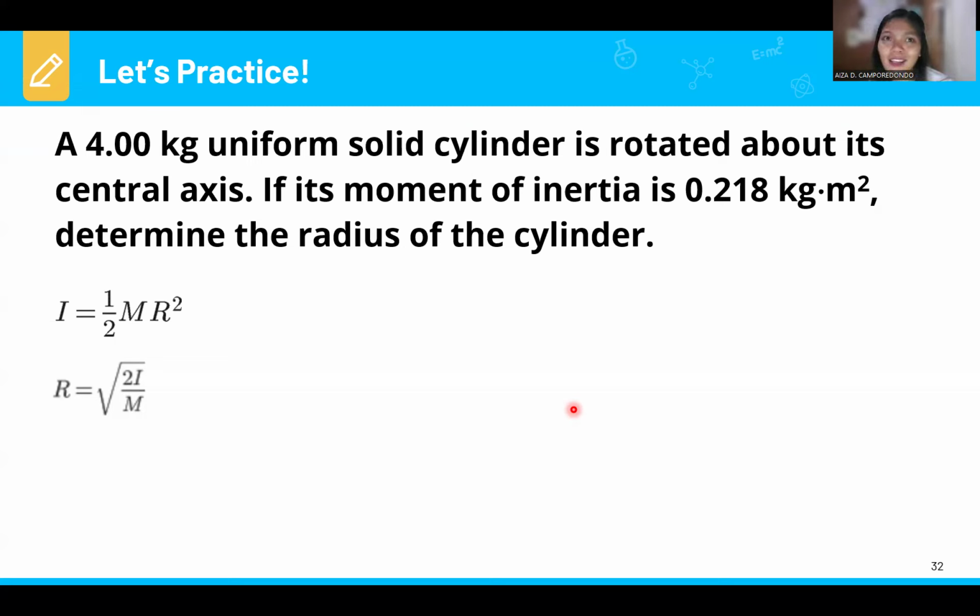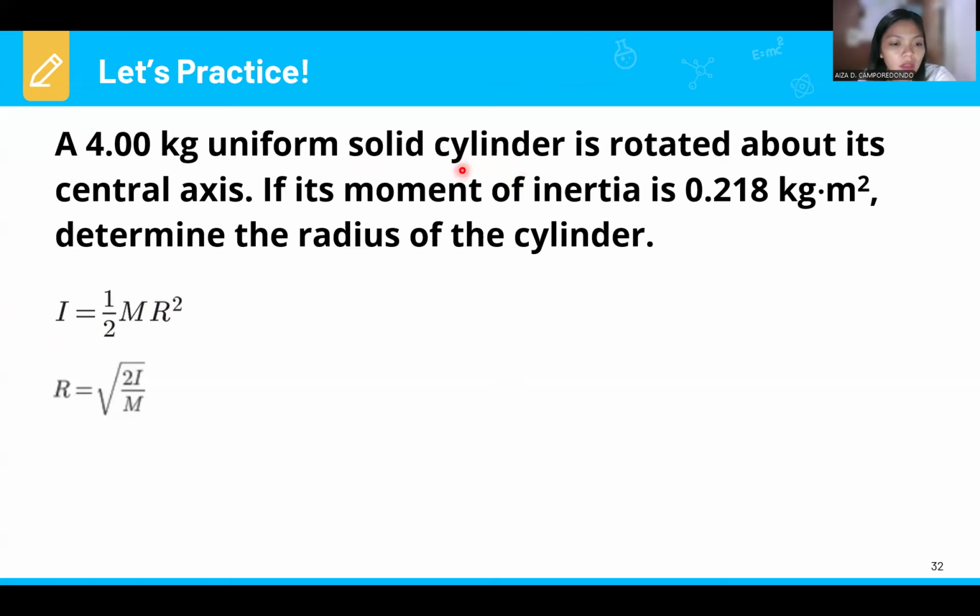We are not searching for the moment of inertia here, but instead we need to find the radius of the cylinder. So in this case, we're going to use the moment of inertia is equal to 1/2 mass multiplied by radius squared, since this is a solid cylinder.